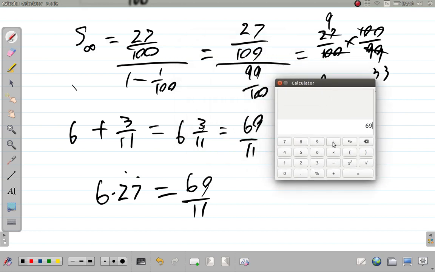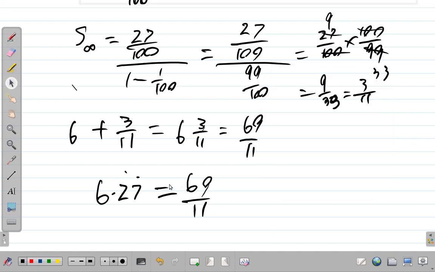Alright, 69 over 11 equals 6.27272727. It ends with 3 because it rounds off, and if you're going to stop at 2 when you round off and the number after it is 5 or more, you add 1. That's why you see a 3 at the end. So what we have here is 6.27, where the 27 repeats, is equal to 69/11.